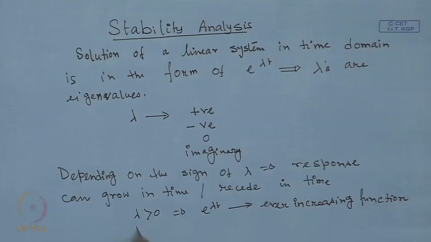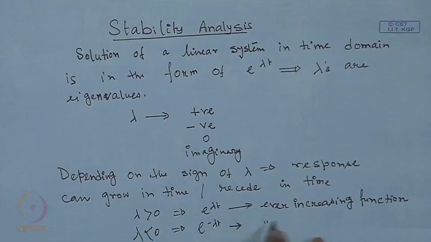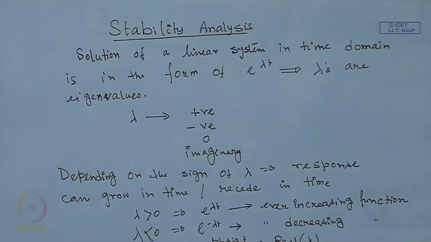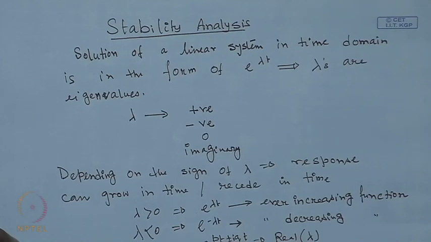On the other hand, if lambda is negative, then e to the power minus lambda t is an ever decreasing function. If lambda is imaginary, let us say p plus minus i q, then this will be entirely dependent upon the real part of lambda. If the real part of lambda is greater than 0, then the response will grow in time. If the real part of lambda is negative, the response will die down in time.